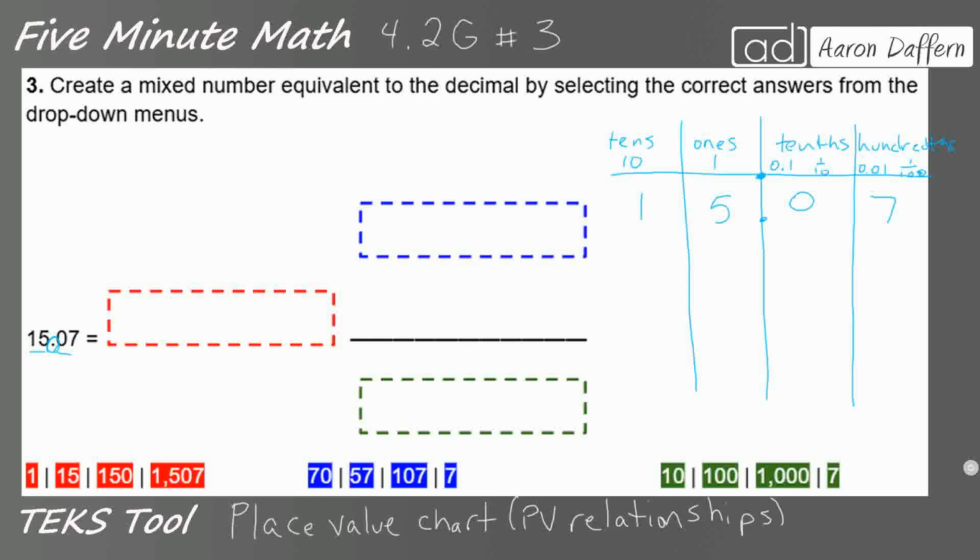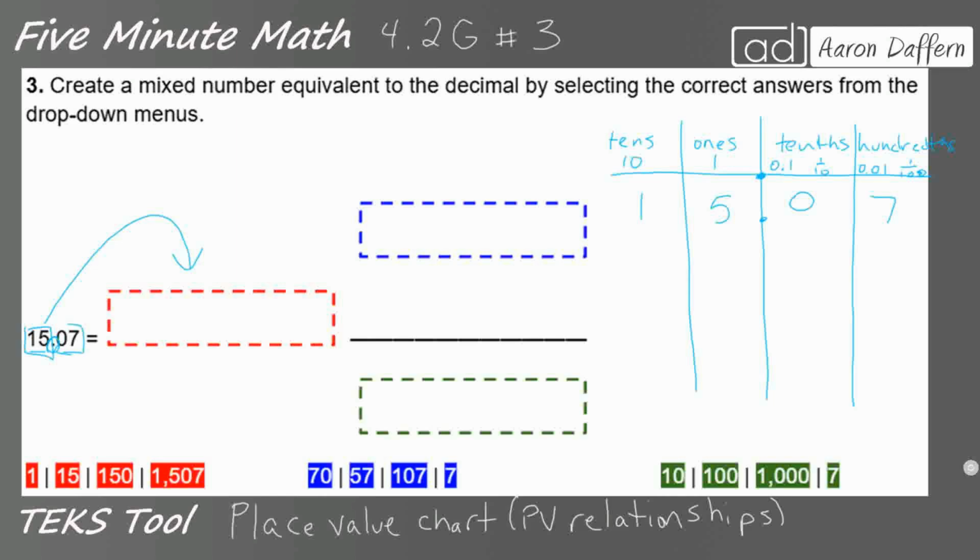Now, what we want to do is we want to build that as a mixed number. So if this were like a STAAR question, we would have 3 different drop downs, and we color coded them here. So the red goes with the red, blue with blue, green with green. Okay. So as a mixed number, how would I write 15.07? Well, this 15 is going to translate right into this big number right here.